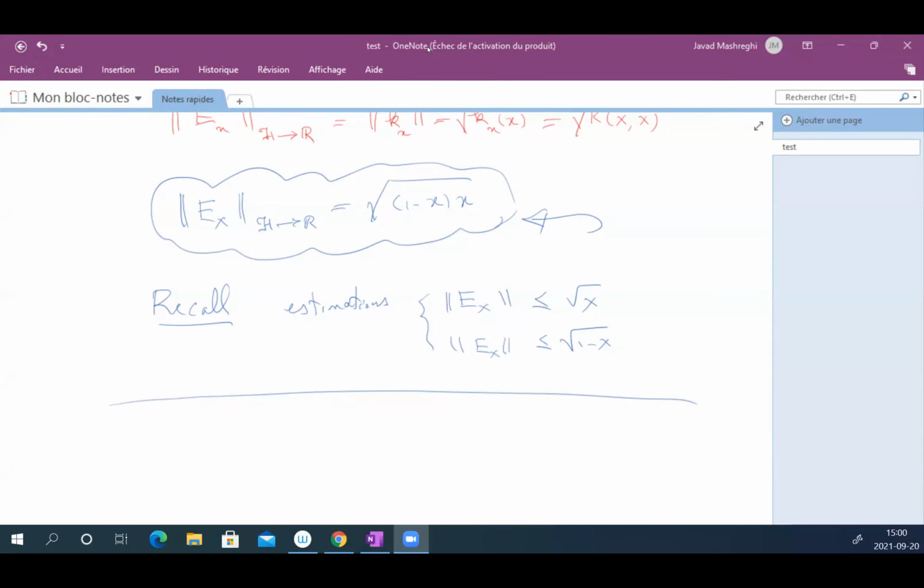You have a question in the chat. I'm wondering whether finding K always reduces to solving a differential equation. Not necessarily. In the examples I started, and will continue today, we have differential equations.